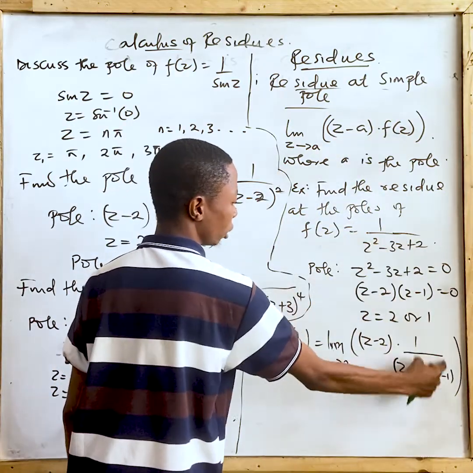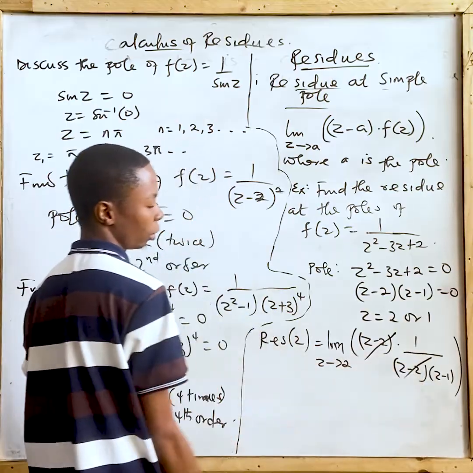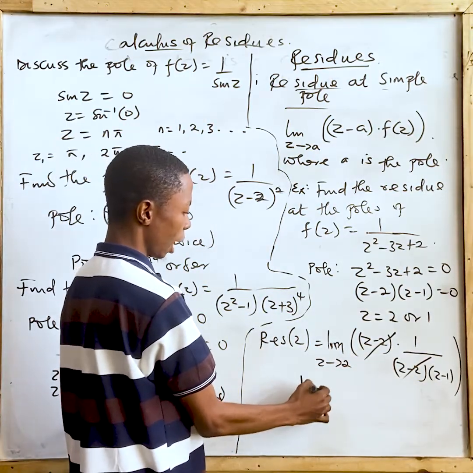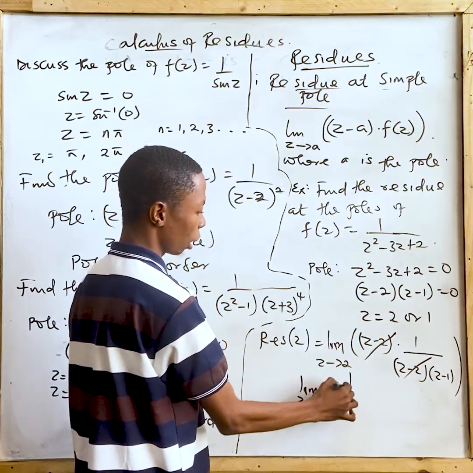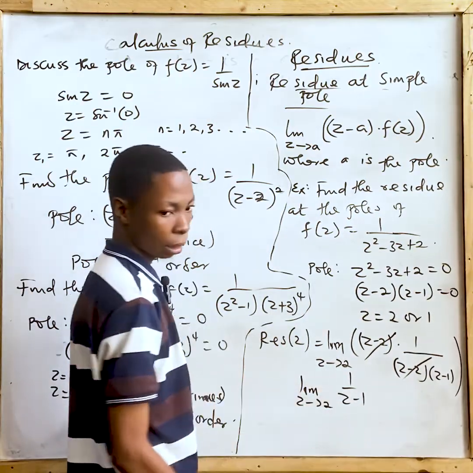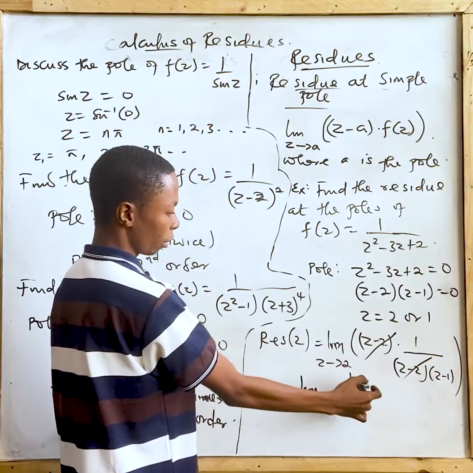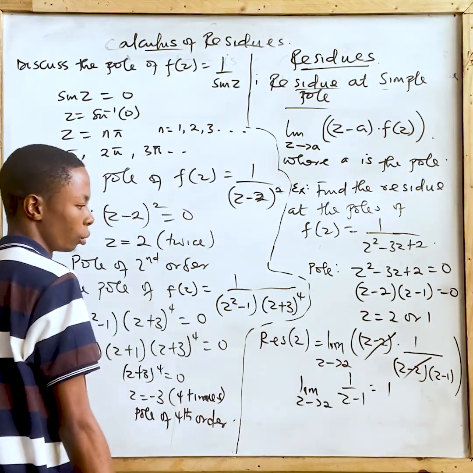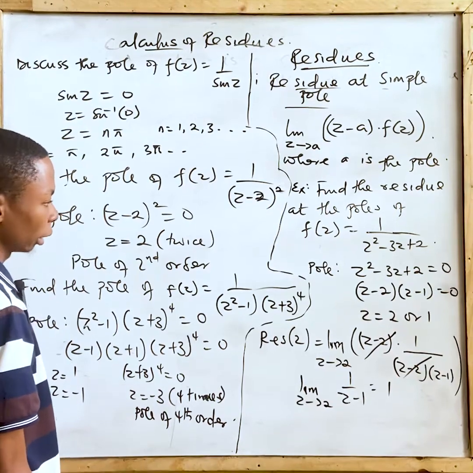Here our a is 2. So (z minus 2) times 1 over (z minus 2)(z minus 1). The z minus 2 cancels, so we are taking the limit as z approaches 2 of 1 over (z minus 1). Putting 2 here, that's 1 over 2 minus 1, which is 1. So the residue is 1.